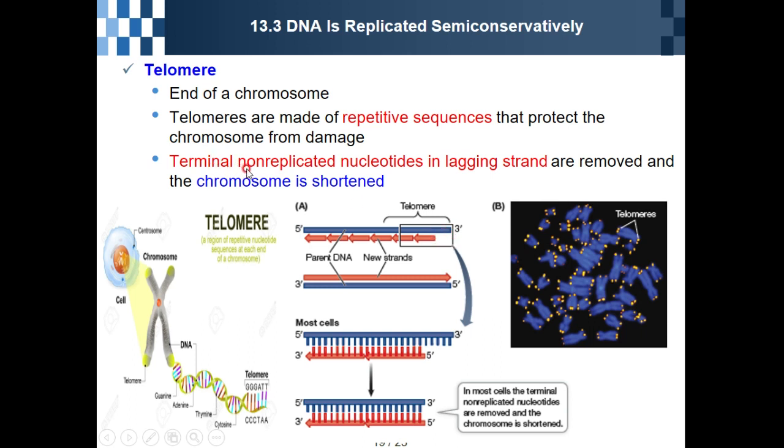At the terminal, finally the RNA primer is removed. So this will be a blank like this. So this region cannot be replicated.